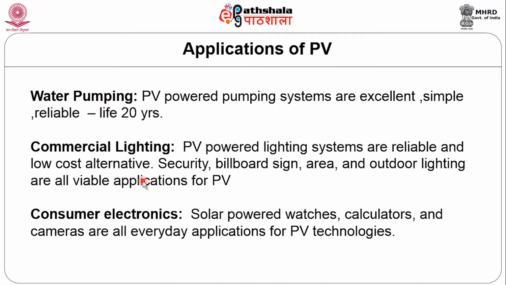Then for commercial buildings, PV powered lighting systems are a reliable and low cost alternative. Definitely the lighting end use could be met by solar PV systems. It is highly reliable, and of course, we need to have battery storage for continuous operation.